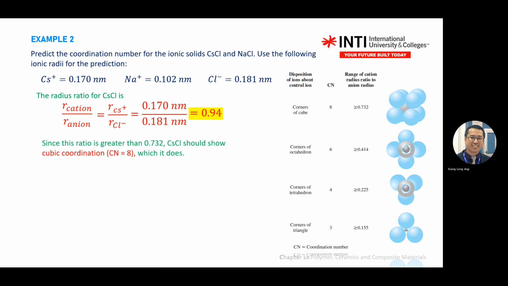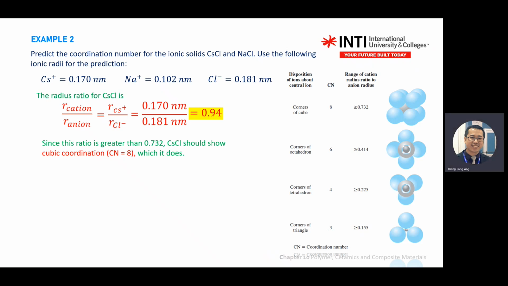So can you estimate the second one? Can you do the second one? NaCl. What is the CN number for NaCl based on this table? What ratio number do you get? 0.564.